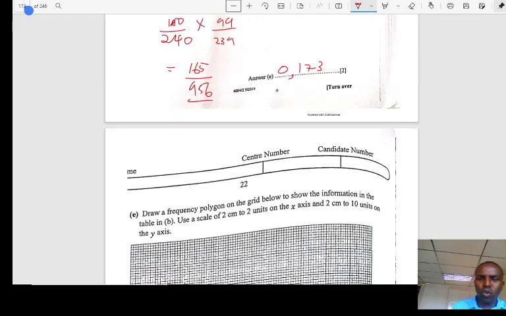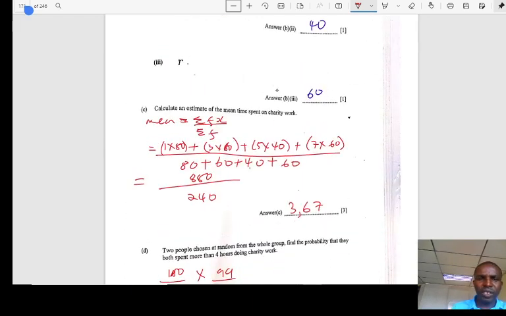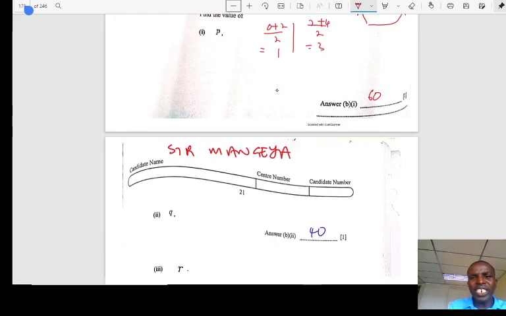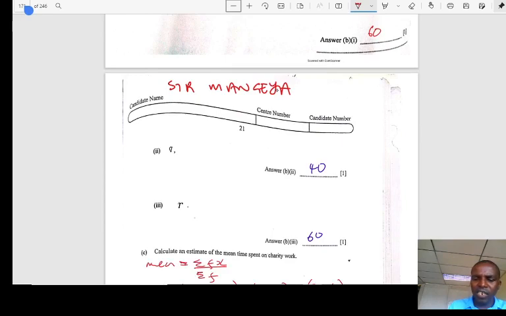Class of 0 to 2, what's the frequency? So the frequency is 80, 60, 40. 0 to 2, 2 to 4. So it's 80, 60, and 40.